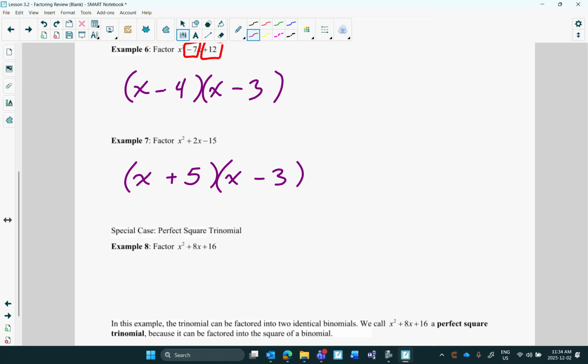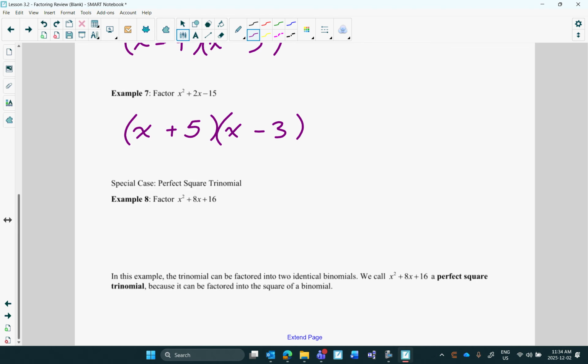And this last one, well, we were doing examples like this in the last unit. Perfect square trinomials. Plus 4 plus 4. And if they're identical, what's the easiest way to write them?